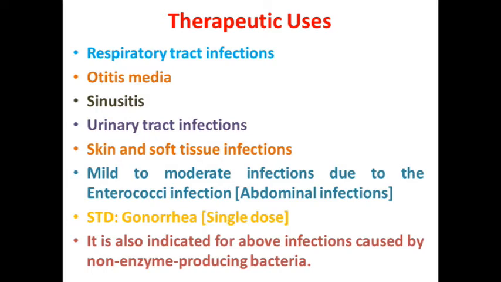So these are the 3 drugs which are combined together and given for treatment of gonorrhea. It has also been seen that infections caused by non-enzyme producing bacteria are very easy to treat, because they are not producing beta lactamases, so in fact this becomes more powerful, but they are also indicated for infections caused by non-enzyme producing bacteria. So these are a few uses of Amoxiclav, that's amoxicillin plus clavulanic acid.